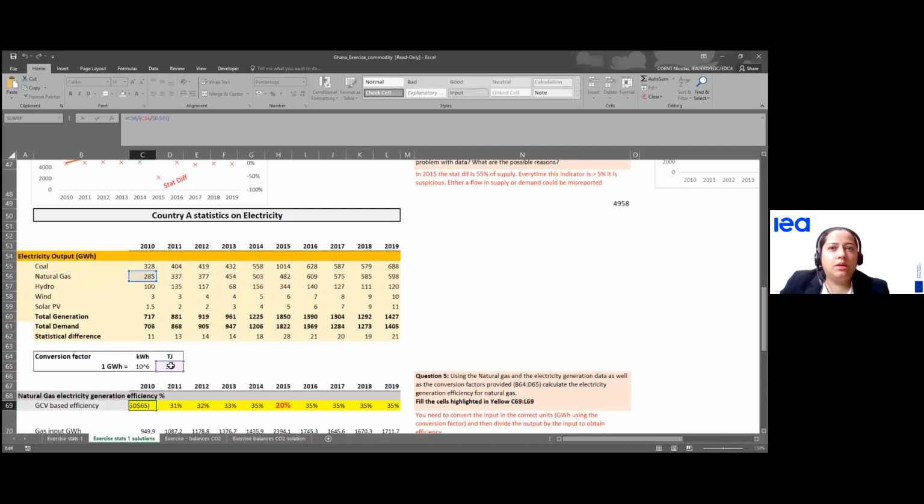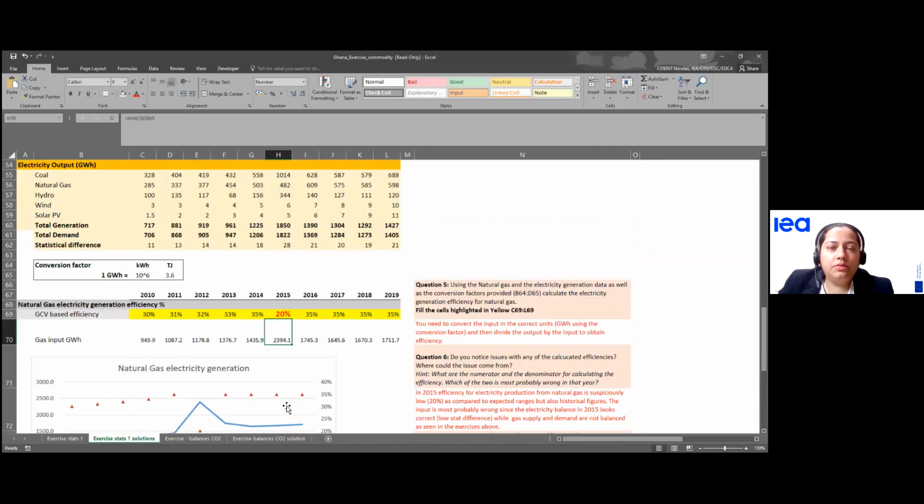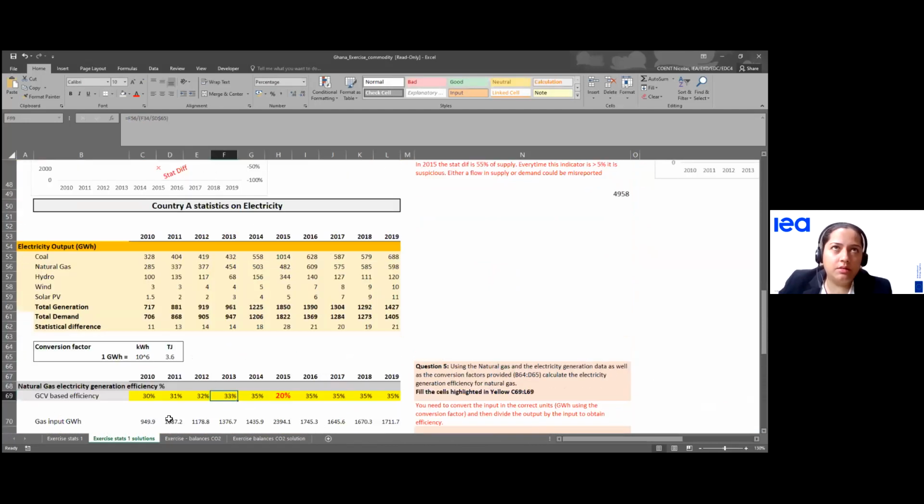So 1 gigawatt hour is equal to 3.6 terajoule. So here you take your output for natural gas, you divide it by your input in terajoule, in gigawatt hour, sorry, and you get 30% for 2010, and you use the same formula for the other years.